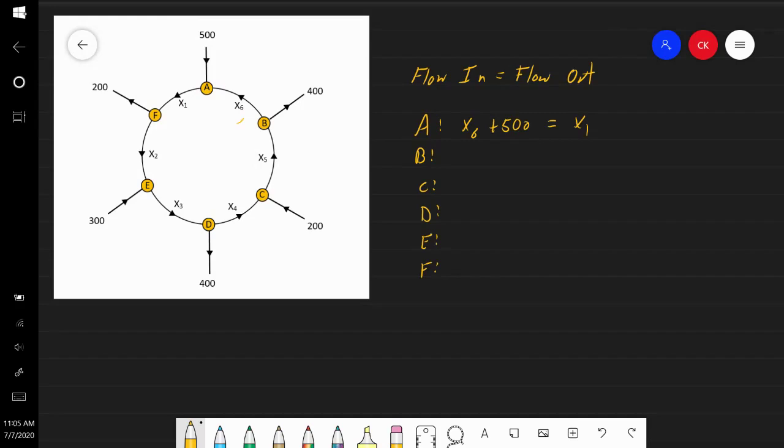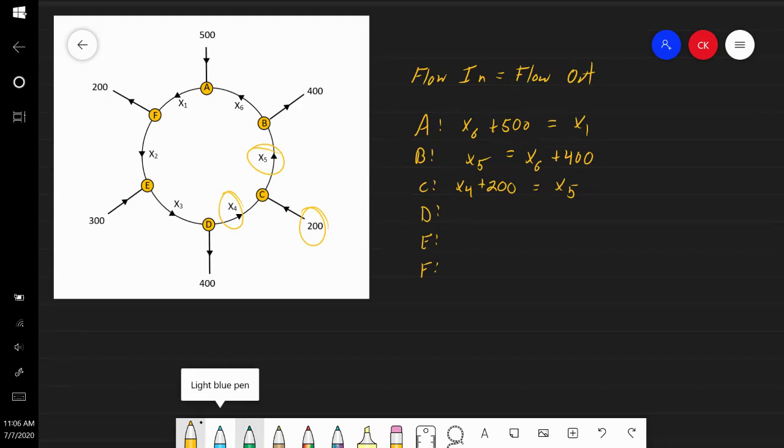So we go on to intersection B. Coming in, we've got x5, and going out, I've got x6 and 400. So that's going to be equal to x6 plus 400. For intersection C, coming in, we've got x4 and 200, and going out is on x5.